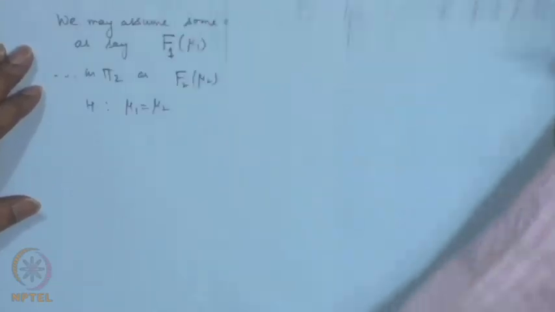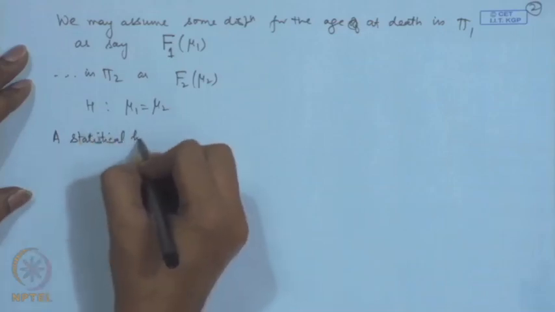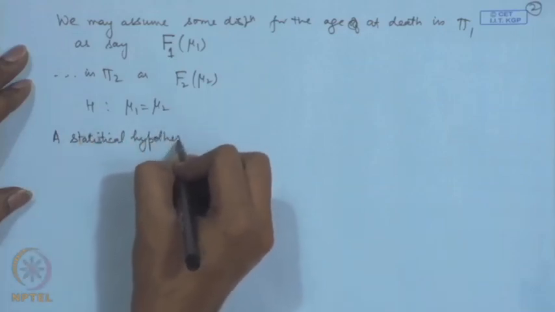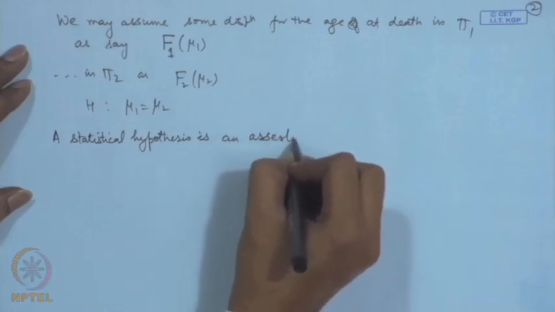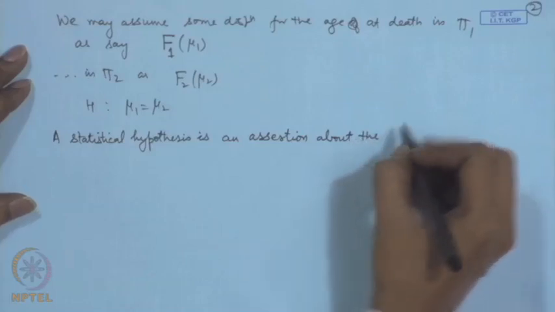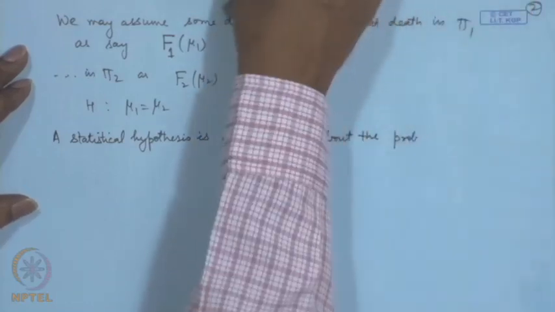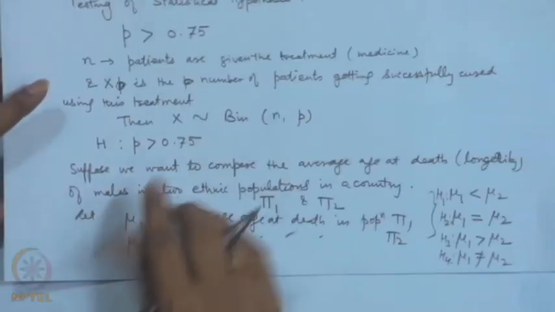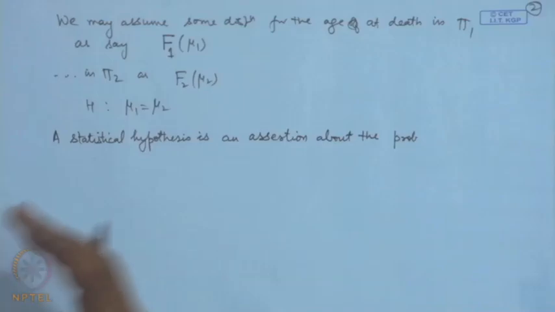So, broadly speaking, we can say that a statistical hypothesis is an assertion about the... actually here we have given examples where we are making a statement about the parameter, but we may also consider something like this. We want to find out the distribution of incomes.